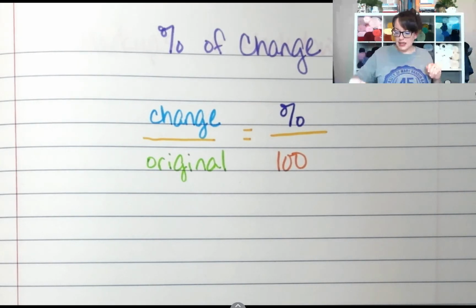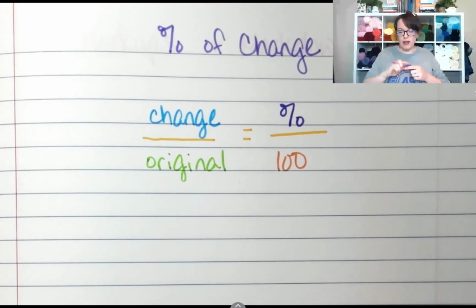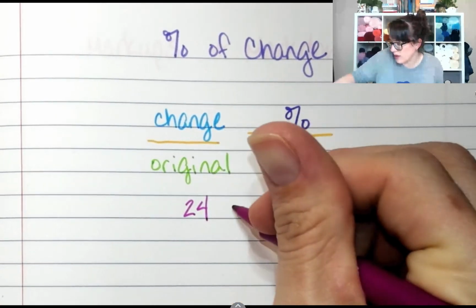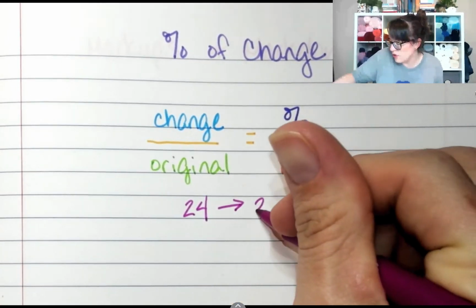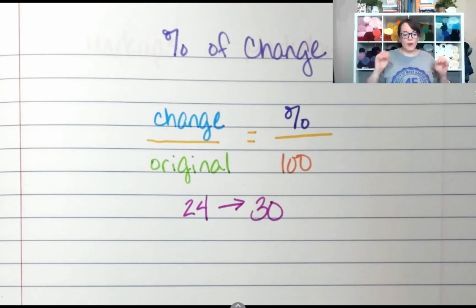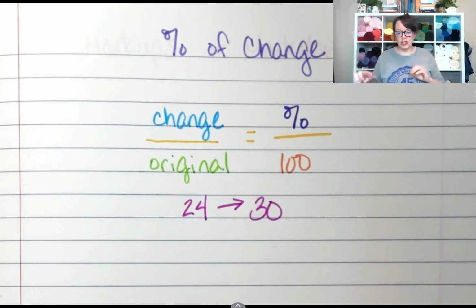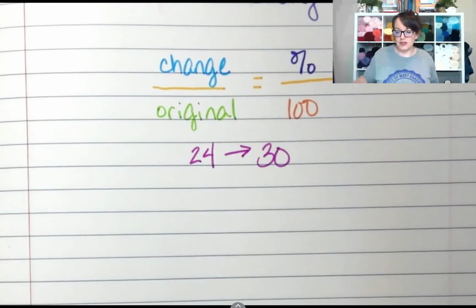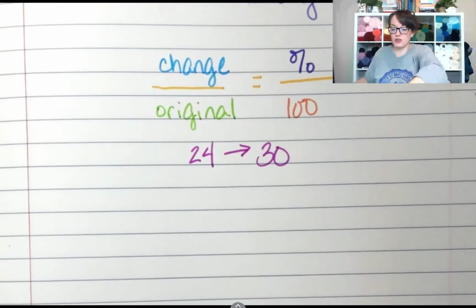Let's say I had 24 people in my class and now it's 30. That's not true, but let's just say. If I started at 24 and it went to 30, what is the percent of change?